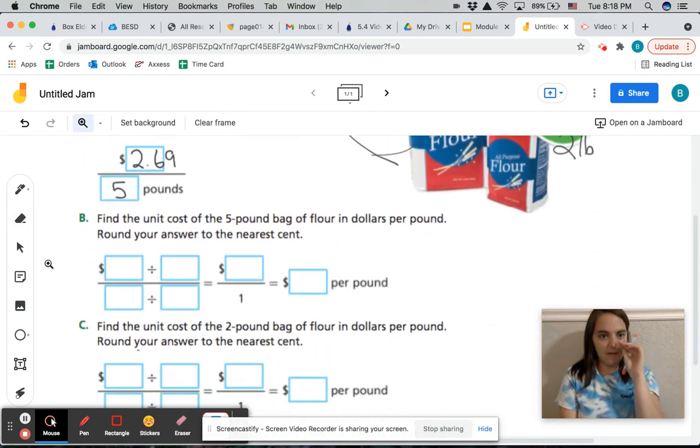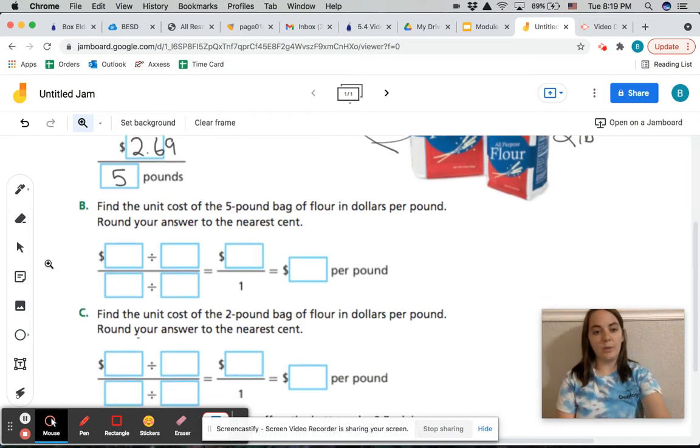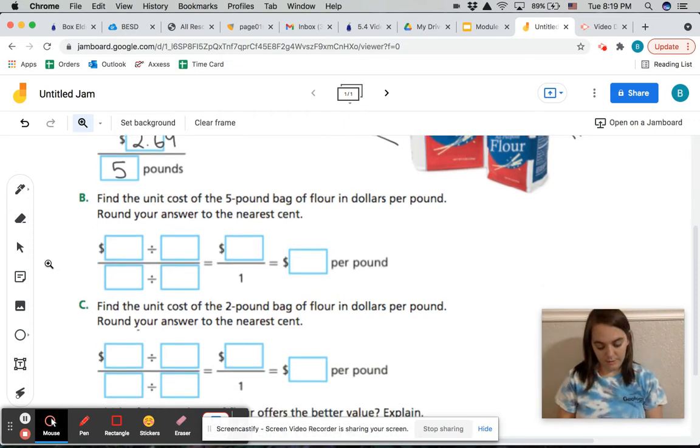So for this one, we have our rate, but we need to find the unit rate, which is when we take one of those quantities and get it down to 1. So it's like per one thing. For this part, we're going to start with our rate that we already have, which is $2.69 per 5 pounds.